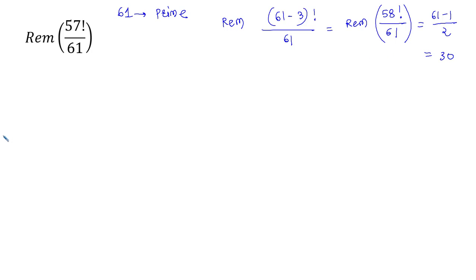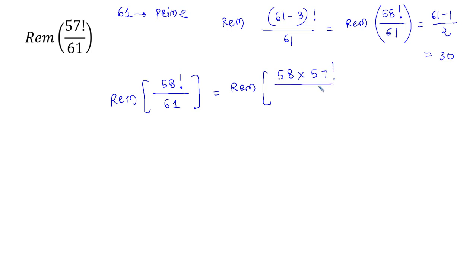So we know that the remainder of 58 factorial divided by 61 is equal to 30. Now can we write the remainder of 58 factorial by 61 as the remainder of 58 into 57 factorial divided by 61?